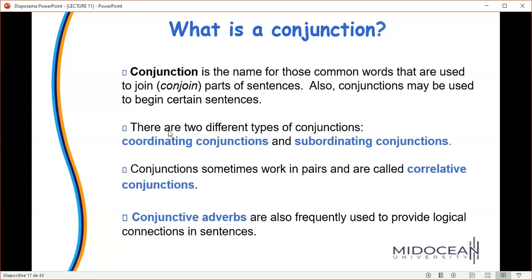There are two different types of conjunctions: coordinating conjunctions and subordinating conjunctions, okay? Conjunctions sometimes work in pairs and are called correlative conjunctions. Conjunctive adverbs are also frequently used to provide logical connection in sentences. Okay?